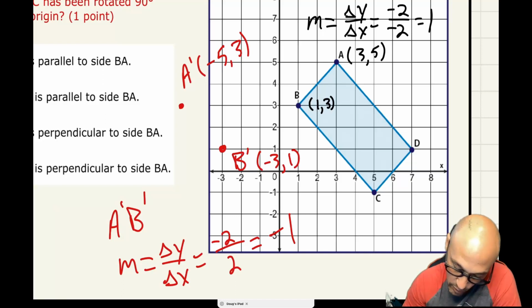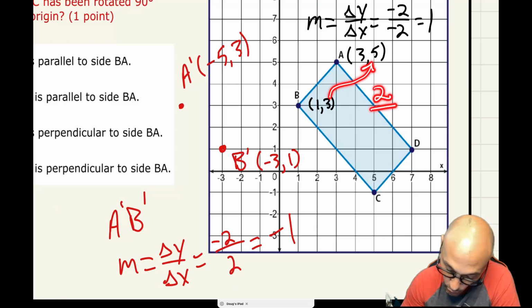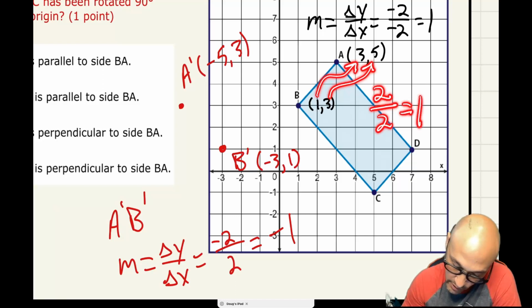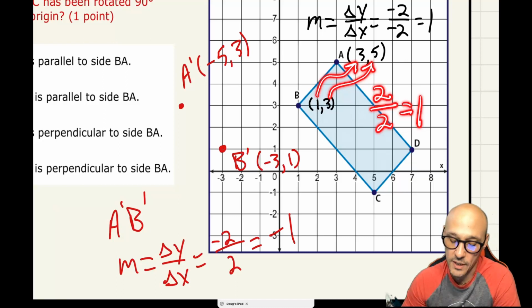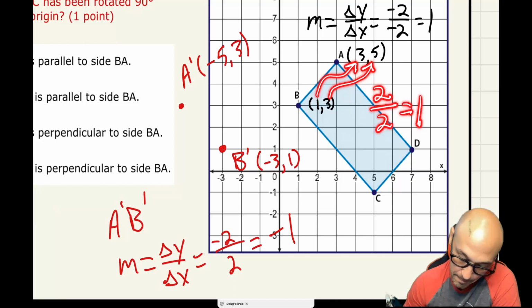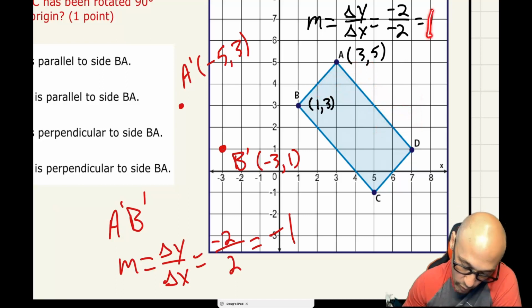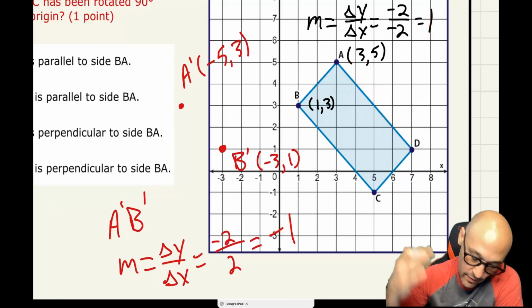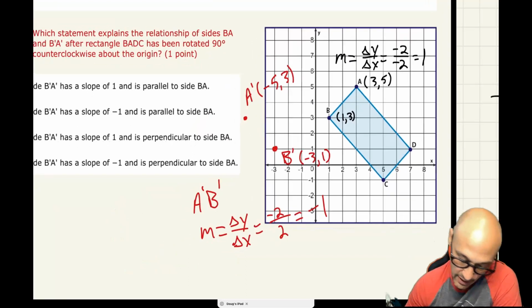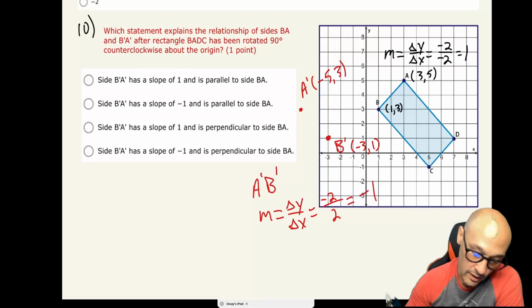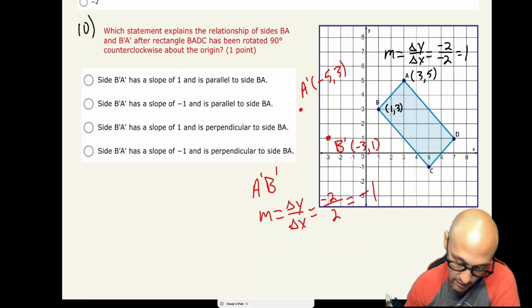We could have gone from y to y and gotten 2 over x to x and gotten 2. 2 over 2 also equals 1. It doesn't matter which direction we go as long as we start with the same point to determine our delta y and our delta x. So here we have a slope of 1, here we have a slope of -1. Those are opposite reciprocals. That means their line segments are perpendicular.